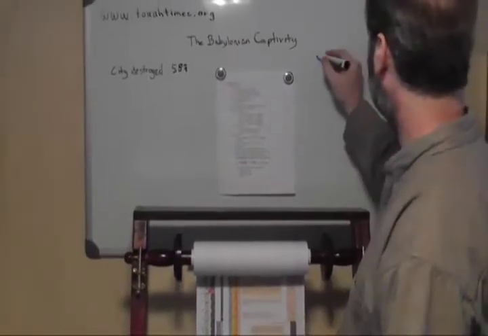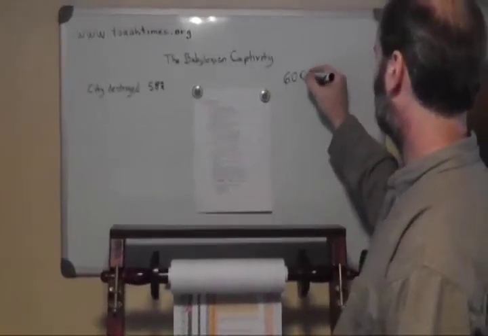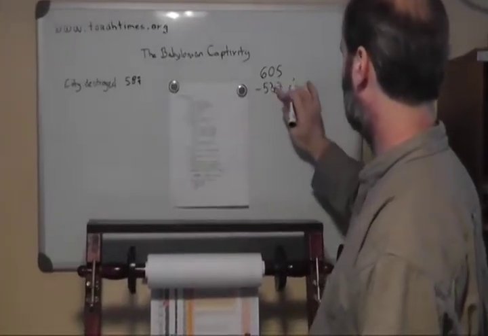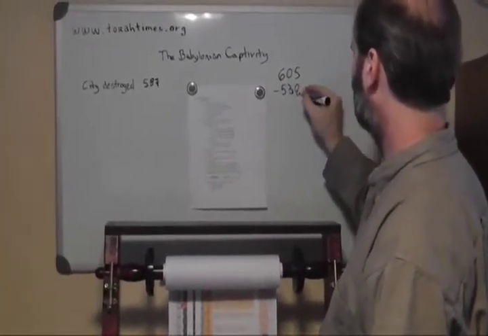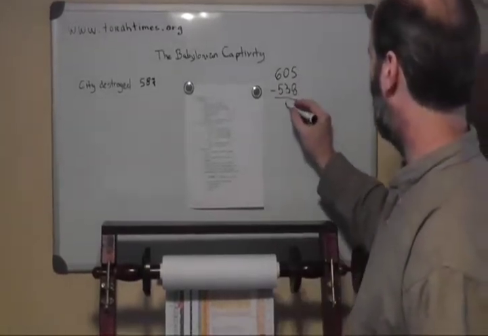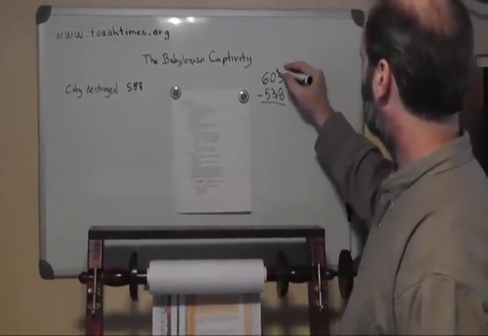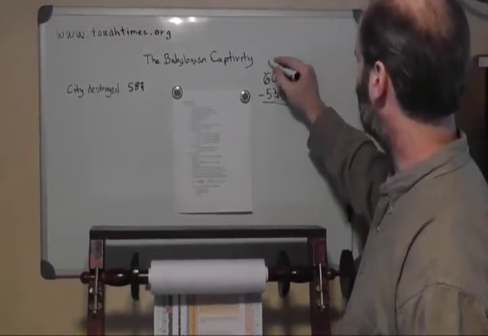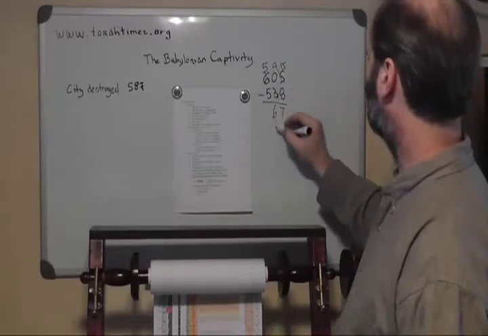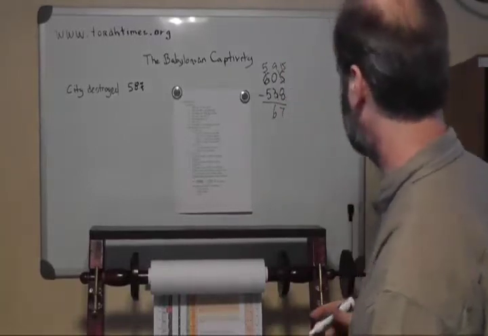Okay? So now if you do 605 minus 538, you get 67 years.